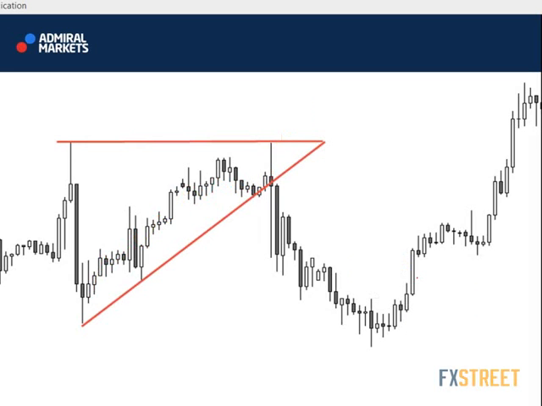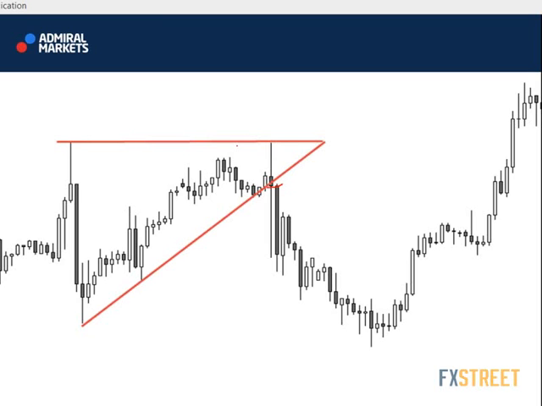Now, you can definitely see in this example that the triangle can also be broken contrary to the trend. So if you want to trade the breakout of the ascending trend line, you would be going with a counter trend trade. Remember, counter trend trades are not as safe as trend trades. Why? Because trend trades are when big money is moving.